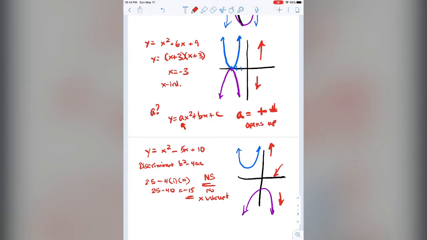If, on the other hand, our a is a negative number, then it opens down. Okay? So since my a was positive in all these situations, everything opened up. But another story. Okay? So that's a quadratic. If you're having trouble, throw some of these problems into Desmos, see what it looks like.